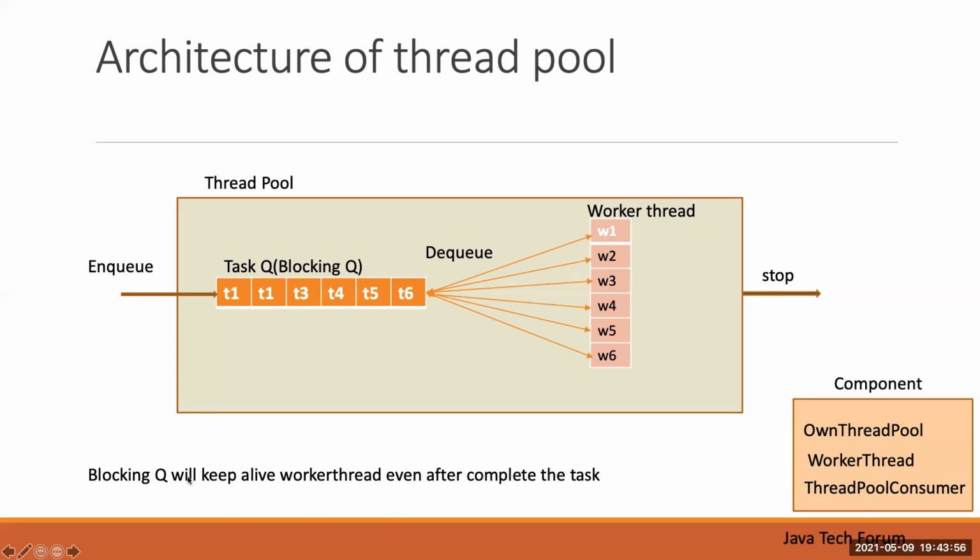So now let's see why I'm selecting the blocking queue. Let's say I'm using a normal thread.